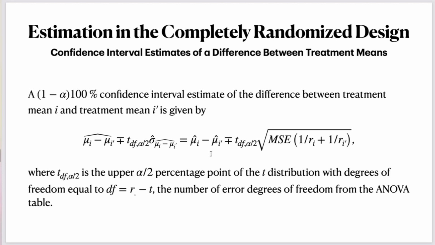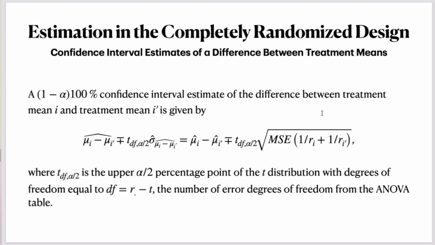Okay, and so that is given by the point estimate, the difference between the individual treatment mean point estimates, mu hat sub I minus mu hat sub I prime, plus or minus the product of our interval coefficient from the t-distribution and the estimated standard error, which in this case is the square root of MSE times 1 over r sub I plus 1 over r sub I prime.